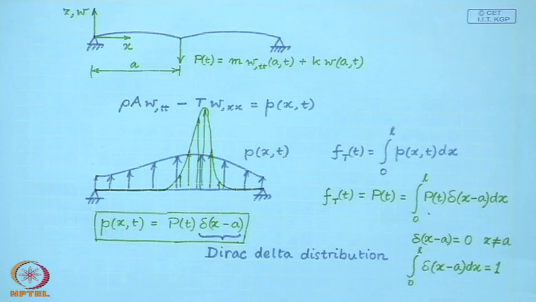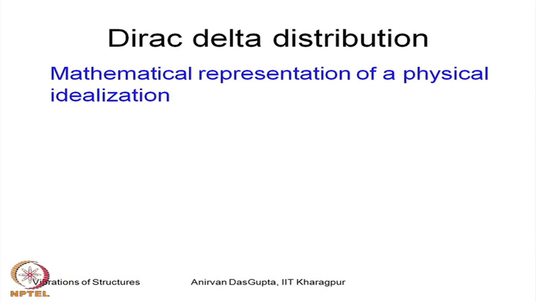So, what is the physical idealization? Now, in the macroscopic world, you do not have concentrated forces, that means forces acting over 0 area. You always have forces acting over a distributed area.